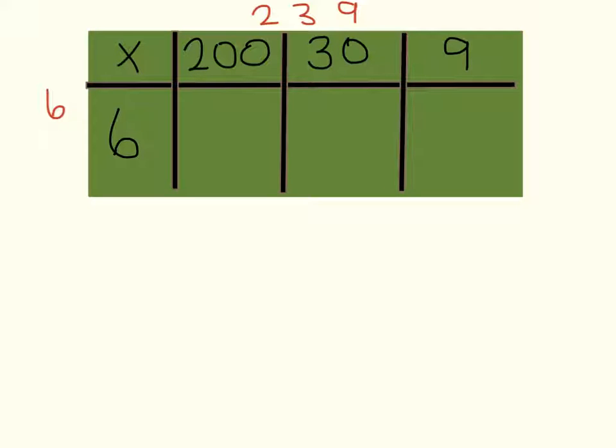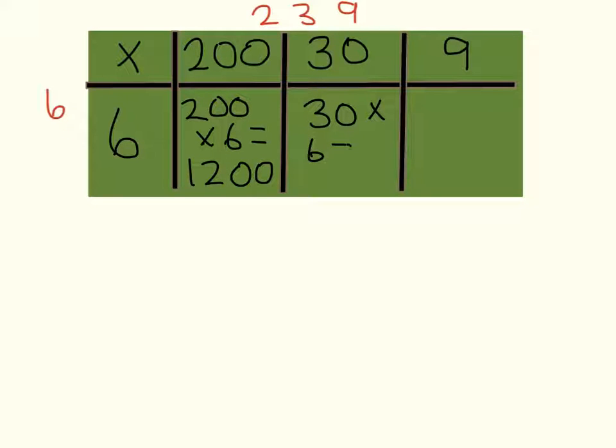So the first box will say 200 times 6. If we know 2 times 6 is 12, then we know that 200 times 6 is 1,200 because it's 100 times bigger. The next box is 30 times 6.